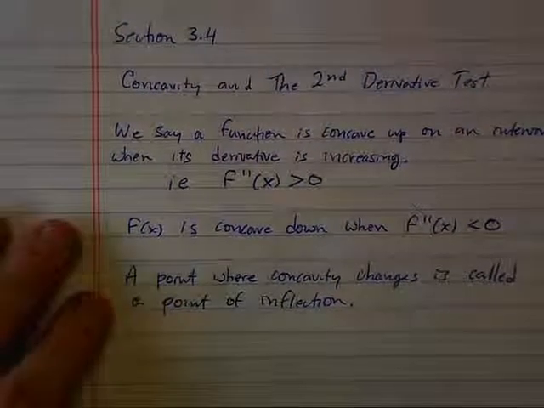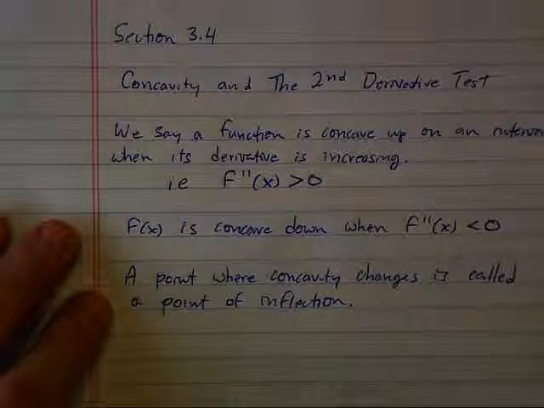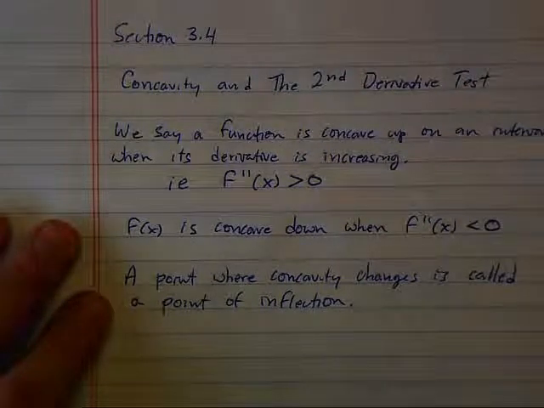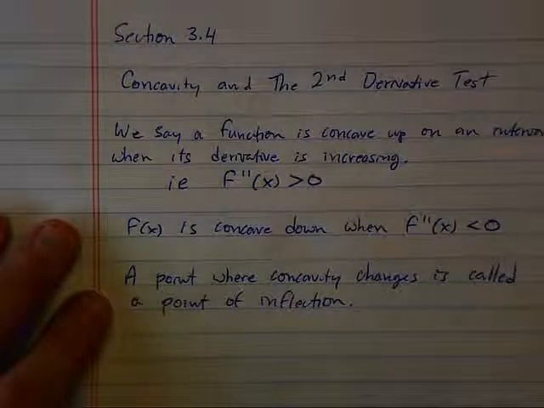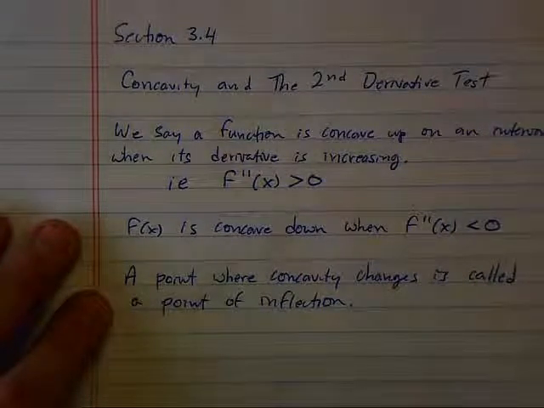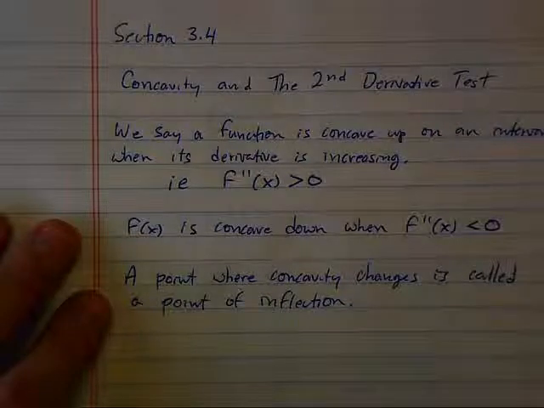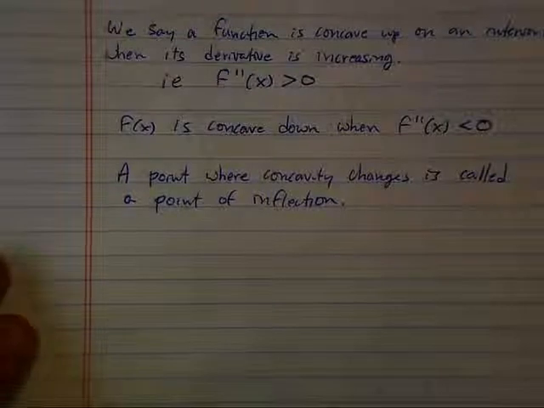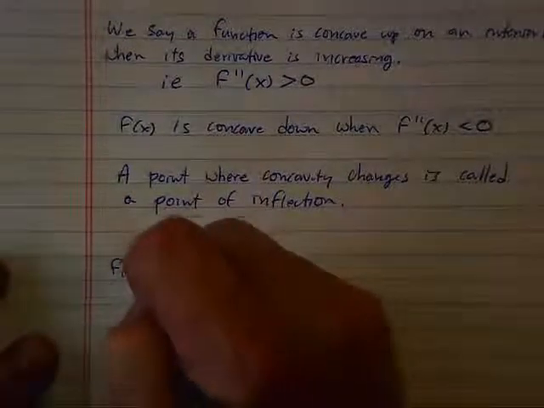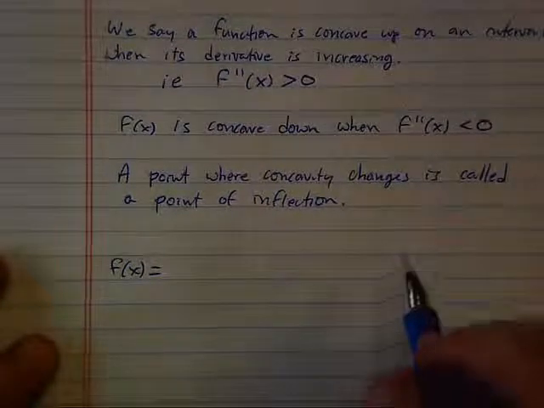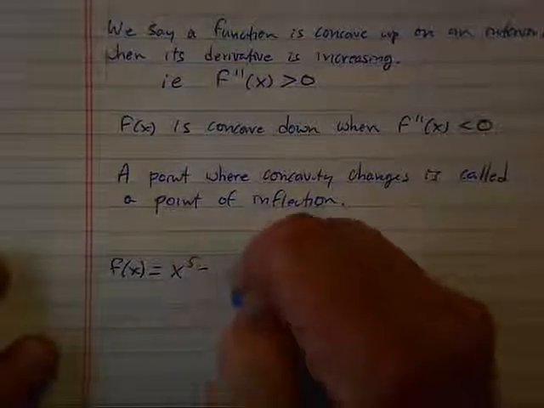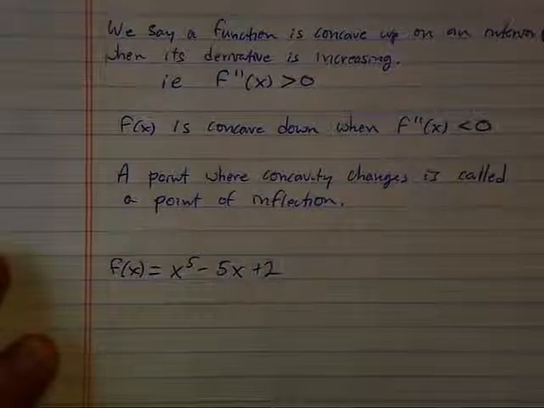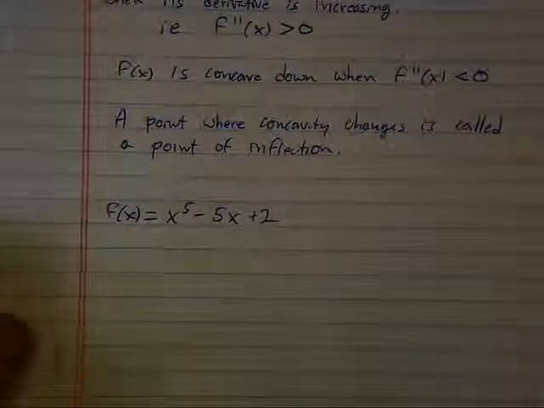All right, so let's find a good problem here in section 3.4. Find the right page. F of x is x to the 5th minus 5x plus 2. So I'm going to ask you a lot of questions.